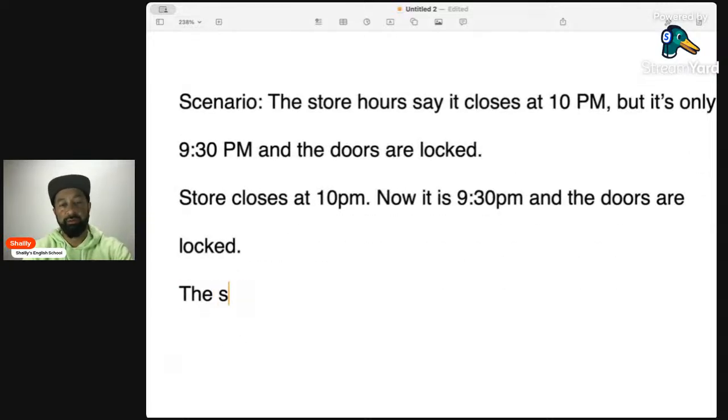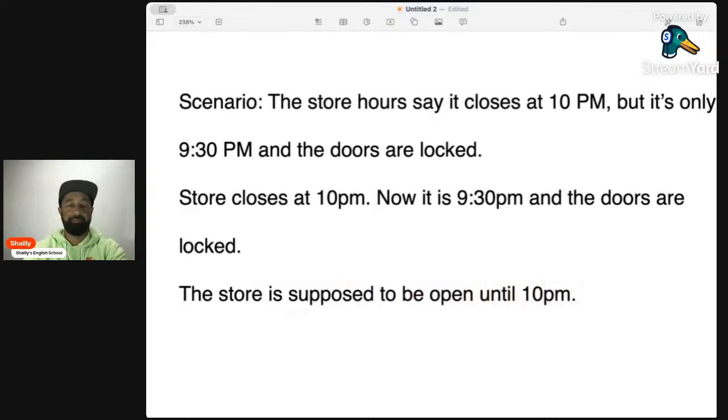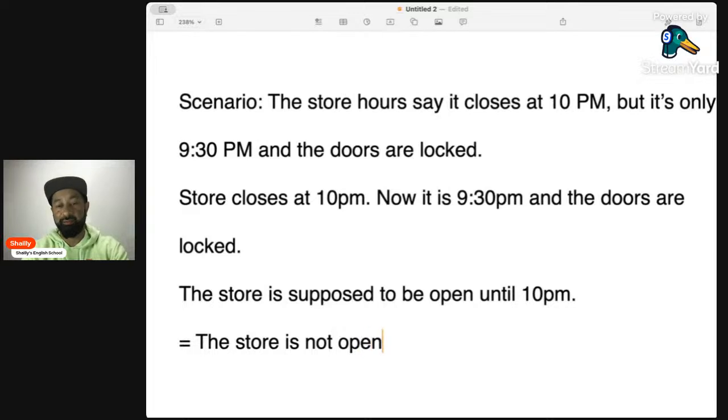The store is supposed to be open until 10 p.m. This means, this equals, the store is not open. So it's not 10 o'clock. It's before 10 o'clock, but the store is not open.